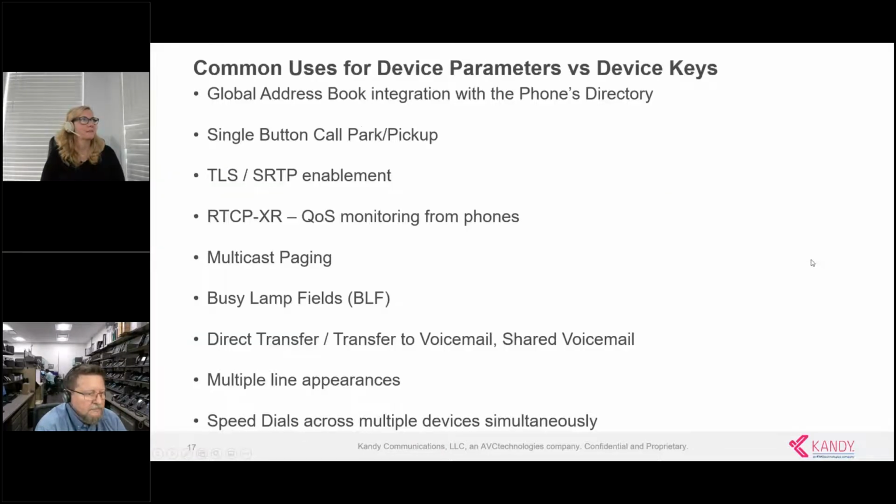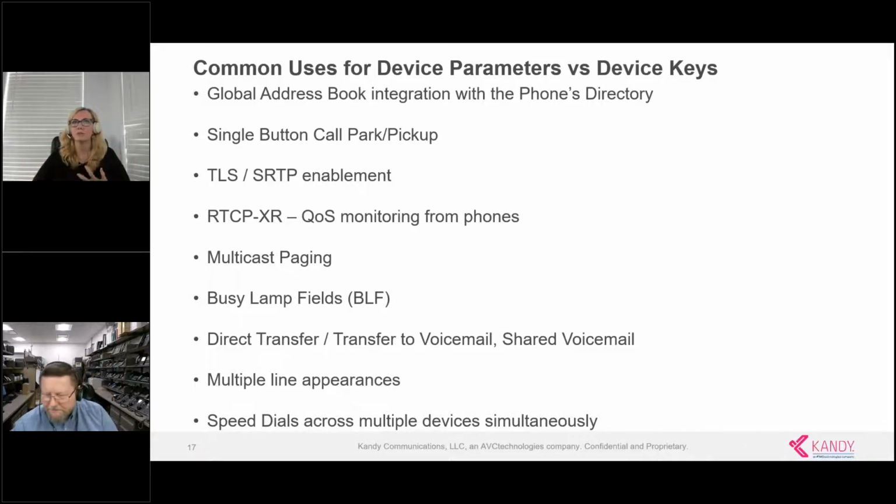Very helpful. So here's a list of some common use cases for doing it via device parameters versus going over and doing it via buttons. So we were just talking about the global address. Sometimes the particular item isn't available in buttons, so exactly, you need to do it here. One example of that, and we're working on pulling that in, we've been talking about GAB and PAB.